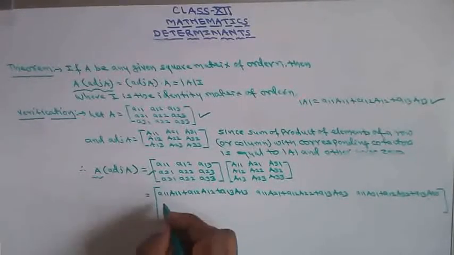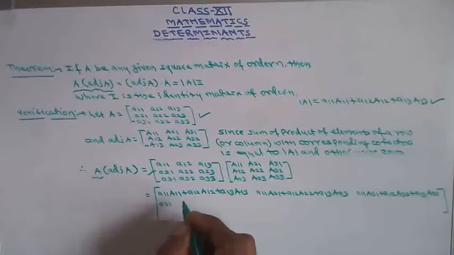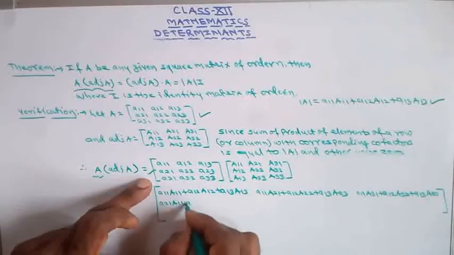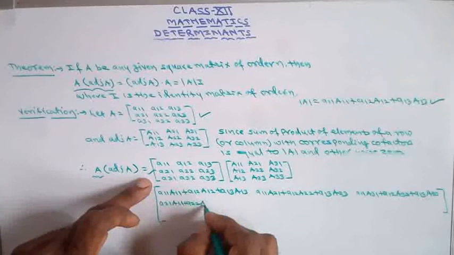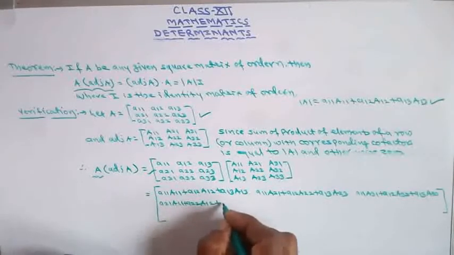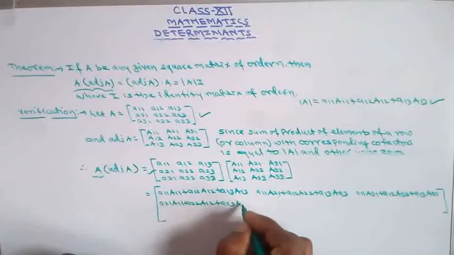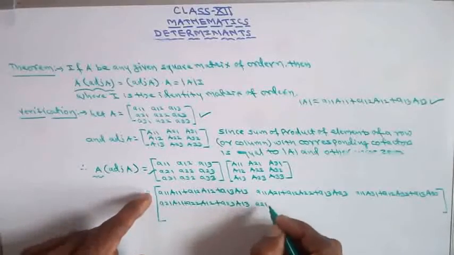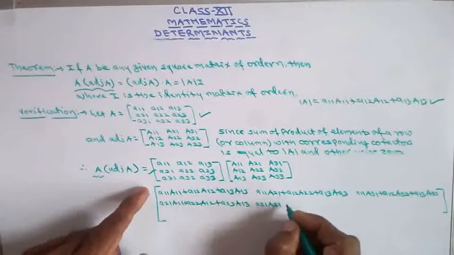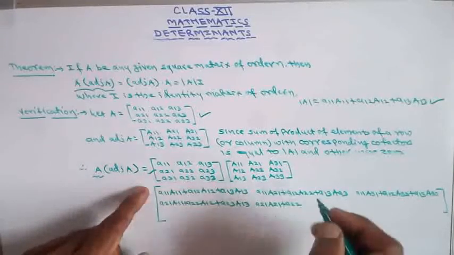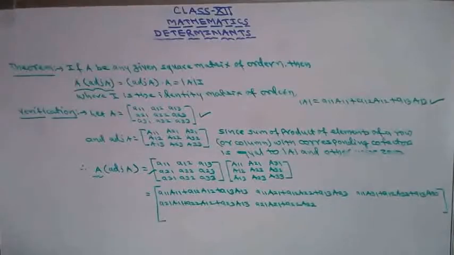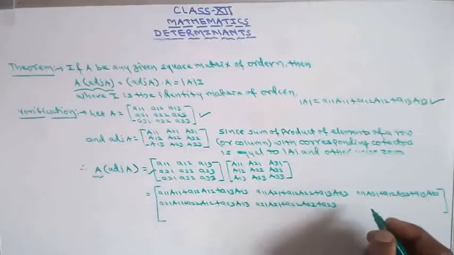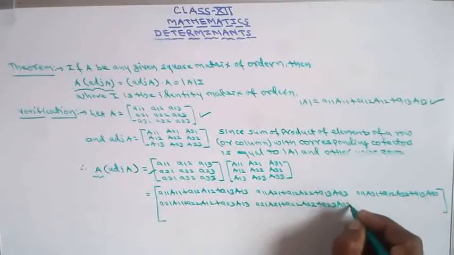Take the second row, first column: a21 capital A11 plus a22 capital A12 plus a23 capital A13. Then second row, second column: a21 capital A21 plus a22 capital A22 plus a23 capital A23.